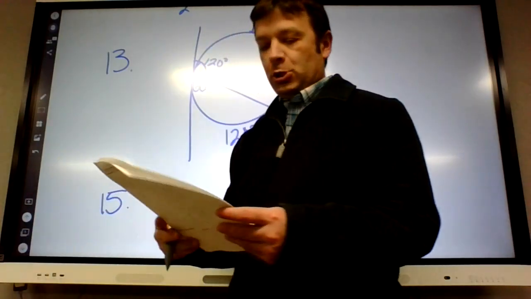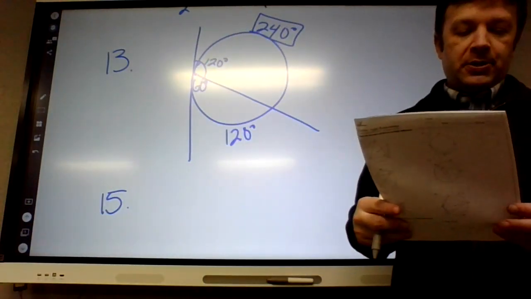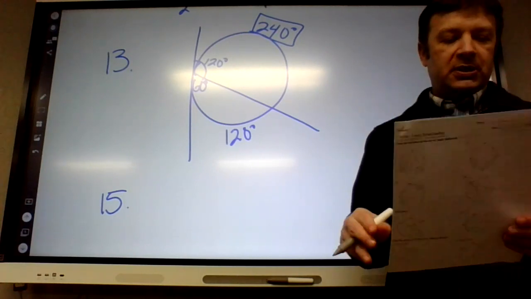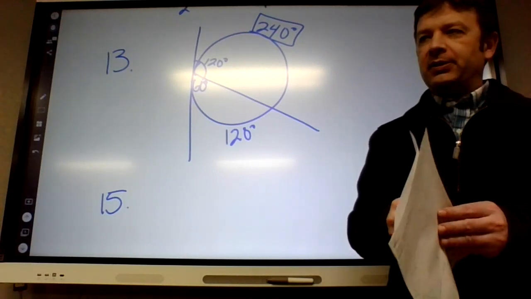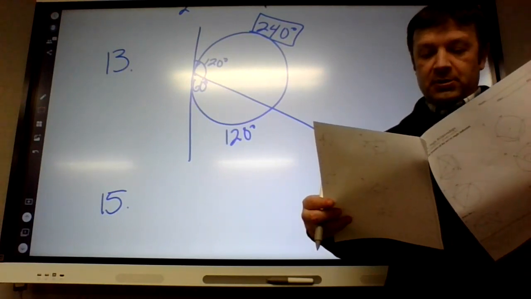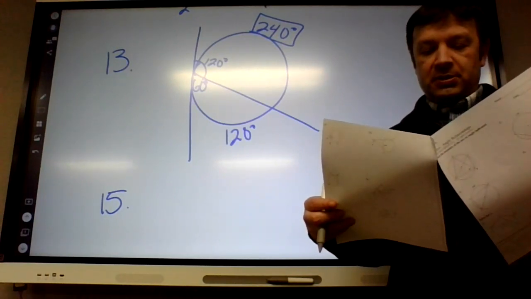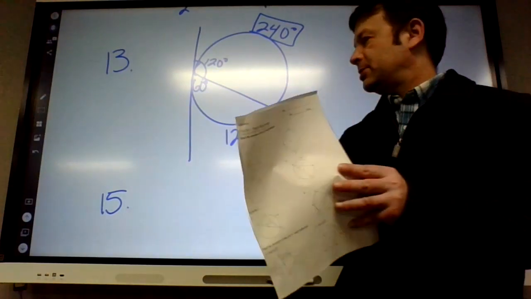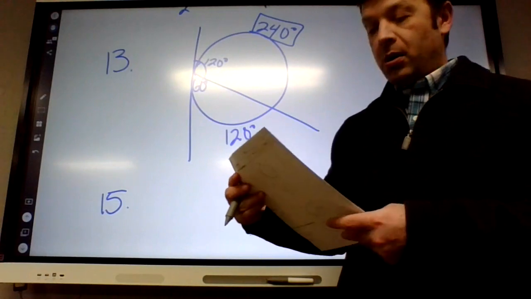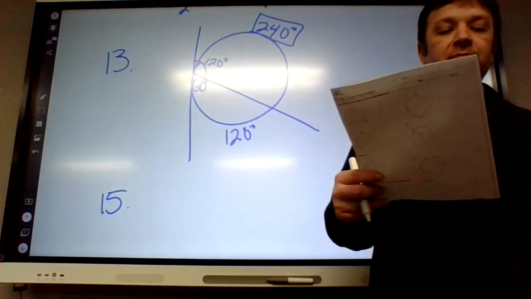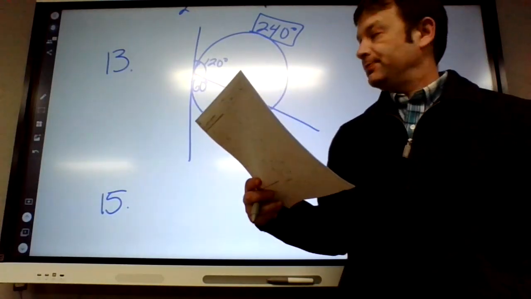Number 15. We've seen one like this before, but I don't remember who did that one. Who did number 9? Was it Shelby? Yeah, I feel like Shelby's probably. So, Forrest, you know how we're gonna set this one up?